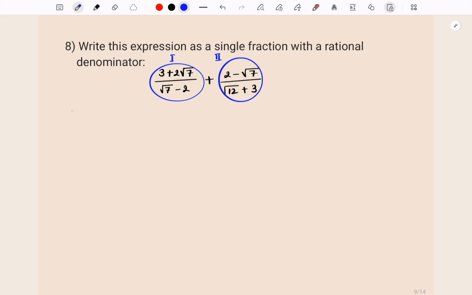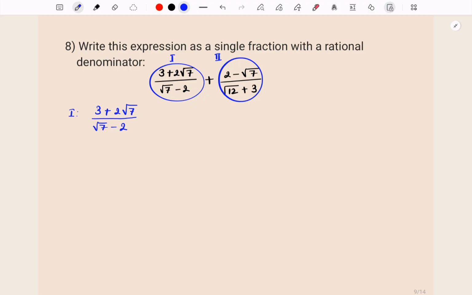So let's talk about the first fraction. The first fraction is 3 plus 2 root 7 over root 7 minus 2. Clearly, I need to rationalize this fraction, right?